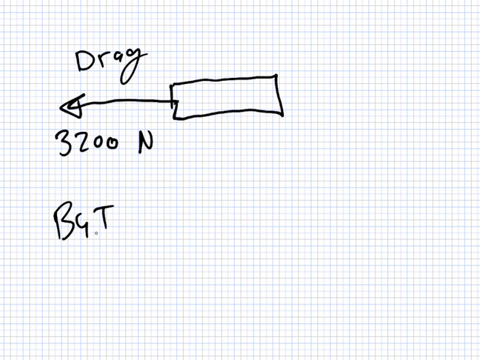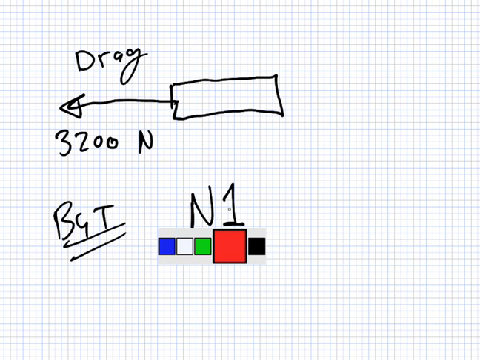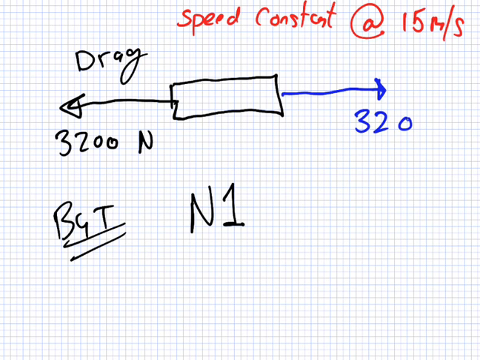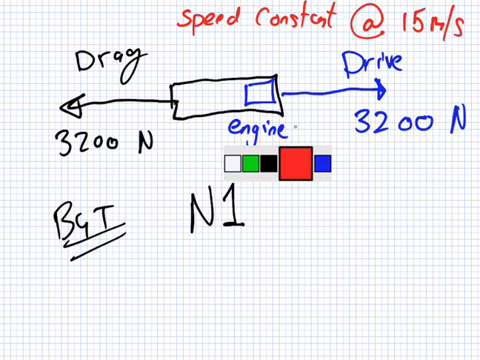But Newton's first law says that if the speed is constant, and the speed is constant here at 15 meters per second, therefore there must be a force exactly the same driving it of 3,200. And this is the drive force. And this is the force that the engine is doing. So we know what the F is.